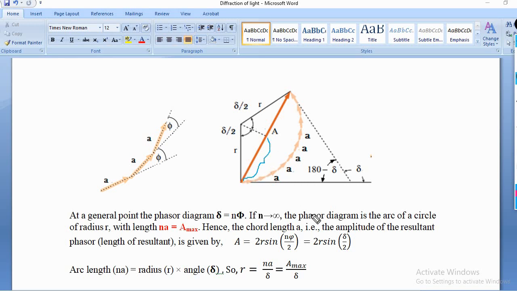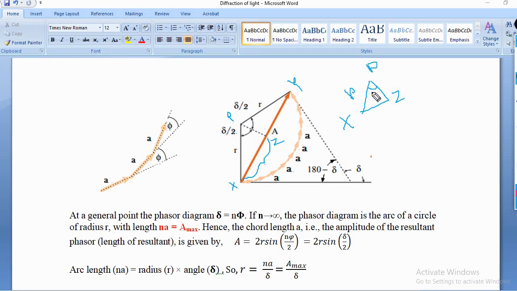Now here is a triangle. This side is known, this angle is known, and this particular side is known. One can easily write what this particular side is. So name this one x, this is y, say this particular point is z, and say this is b. At first we are considering a triangle which is x, p and z. This particular angle is delta by 2.